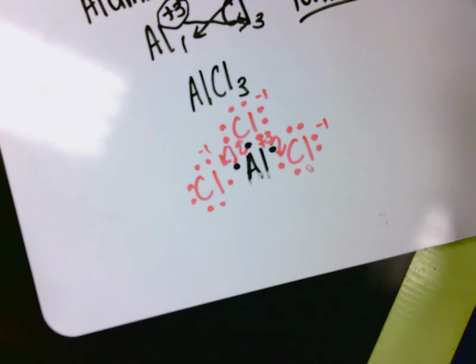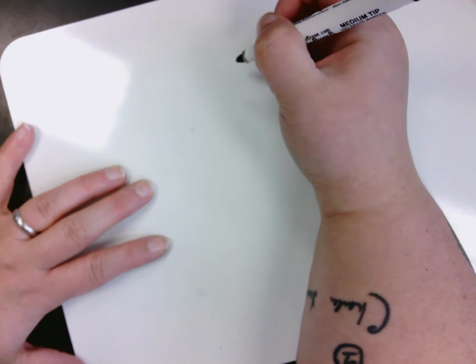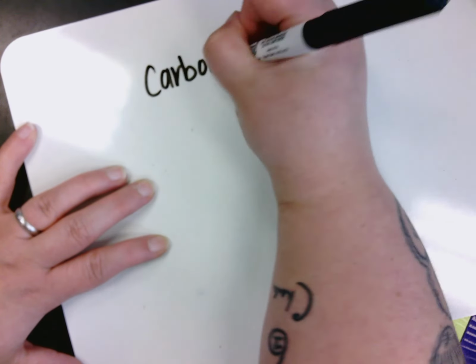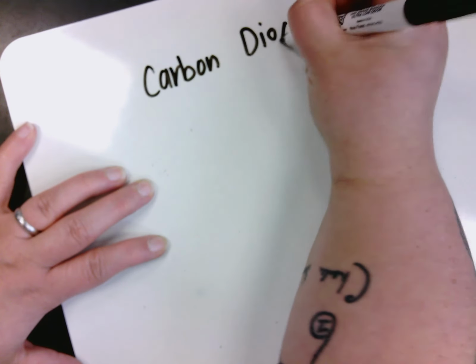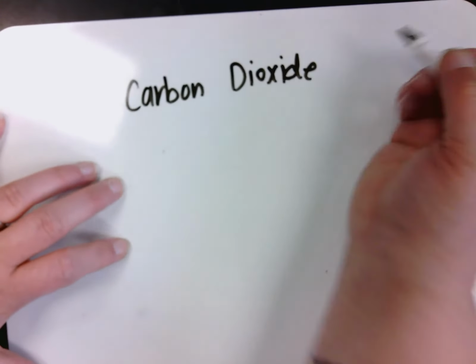All right, let's do a covalent compound. Let's do carbon dioxide. Okay, so carbon dioxide.